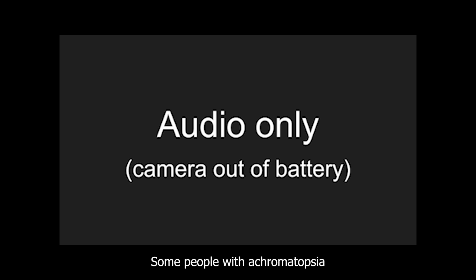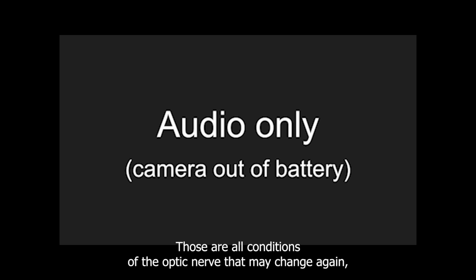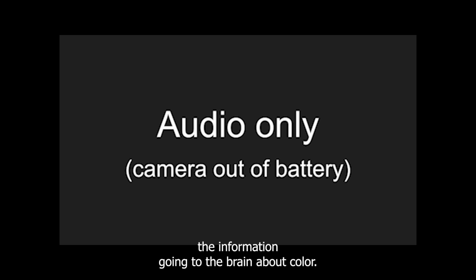Some people with achromatopsia see in shades of gray, white, black. Cataracts, some cataracts have a yellowing to them, so that can change color perception. So color perception is more than just color blindness. And then glaucoma, optic atrophy, those are all conditions of the optic nerve that may change, again, that information going to the brain about color.